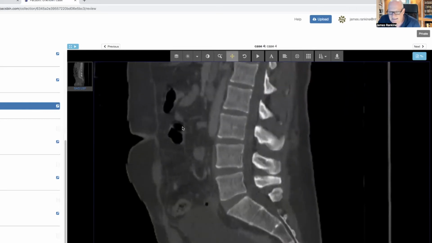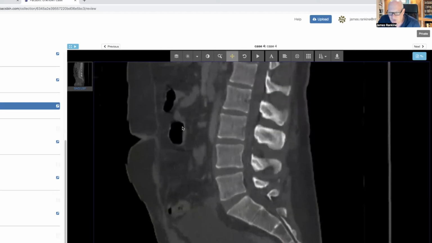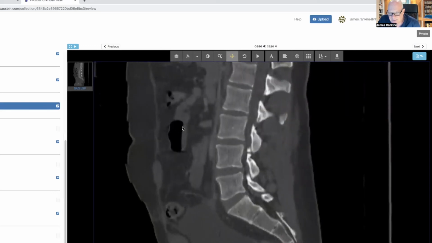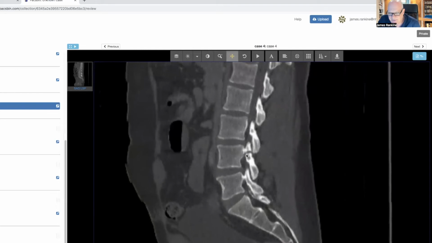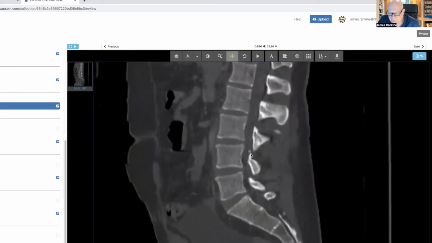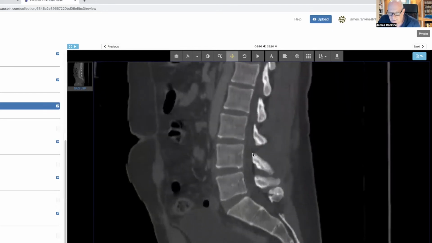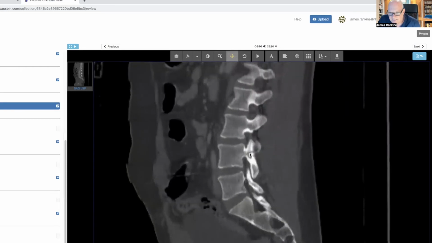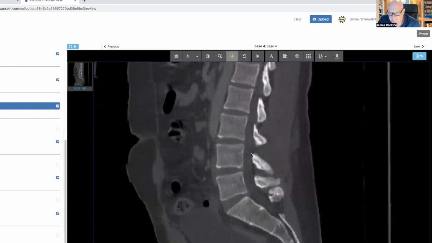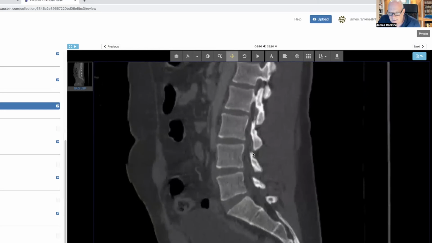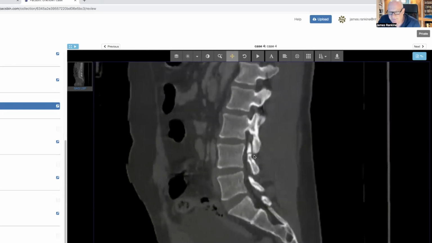Okay, so clearly we've got a horizontal fracture, which is just going through the pedicle, and on both sides through the pedicle. But it's not carrying on through the spinous process.